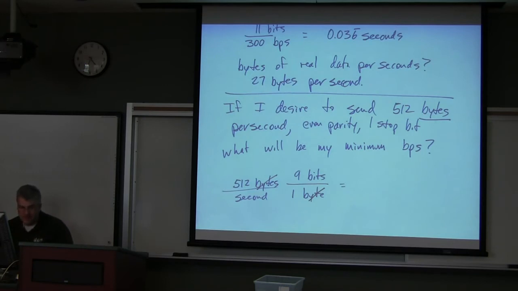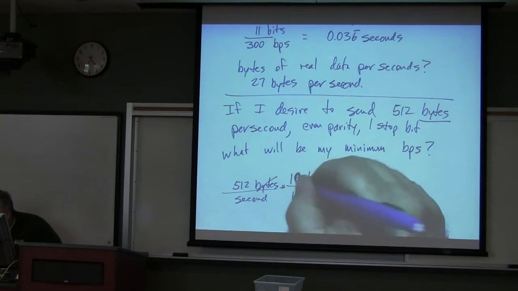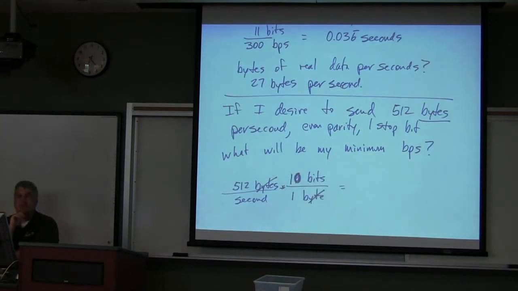You want to send 512 bytes per second, and by the way, this would be multiplied by 9 bits? Wait, 10 bits. What about your parity?